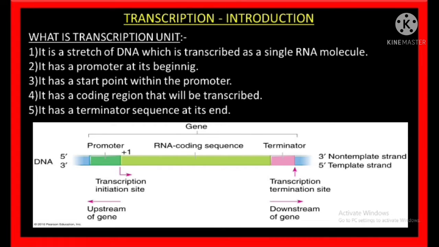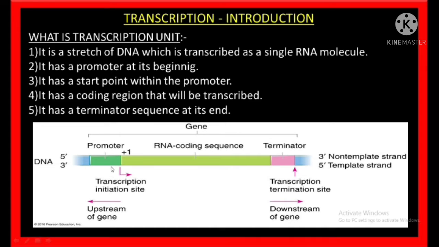Basically it is a stretch of DNA which is transcribed as a single RNA molecule. It is a stretch of DNA which will generate the mRNA transcript, and it has a promoter at its beginning, a start point within the promoter, a coding region that will be transcribed, and also a terminator sequence at its end.